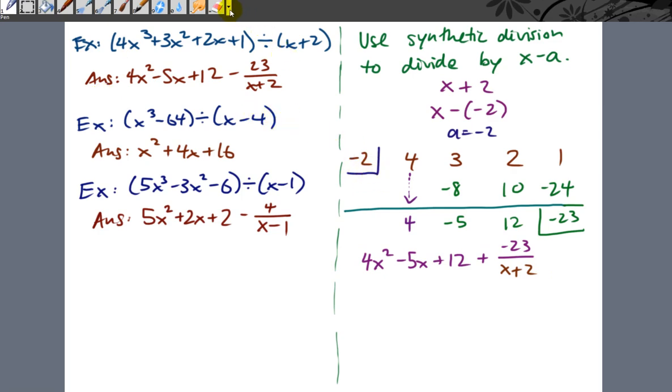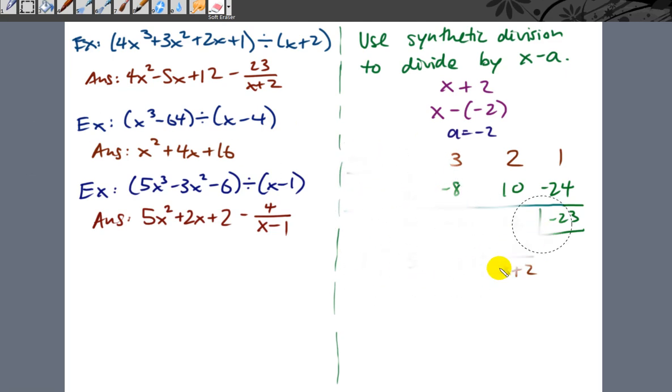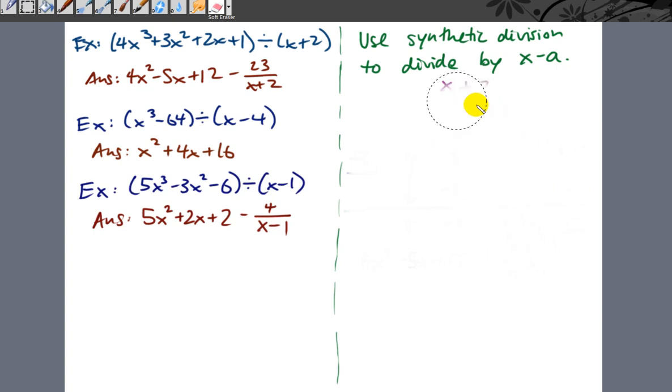Let's try the second example. I'm going to erase some of the things here and start all the way back at the beginning. We're going to use synthetic division. This time, we're going to use x minus 4. Would you look at that? As you can see, that's a right there.